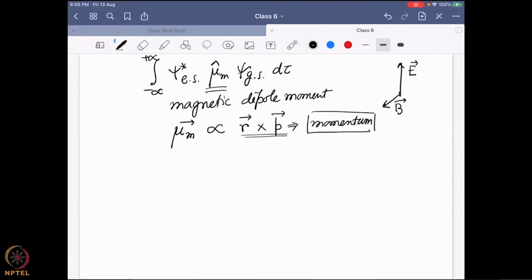Because of this vectorial interaction, the magnetic field is created in the perpendicular, not only in the perpendicular but in a circular way. So that is how the magnetic dipole moment will be created, perpendicular to the electrical dipole moment we just talked about, and it will move in a circular way.